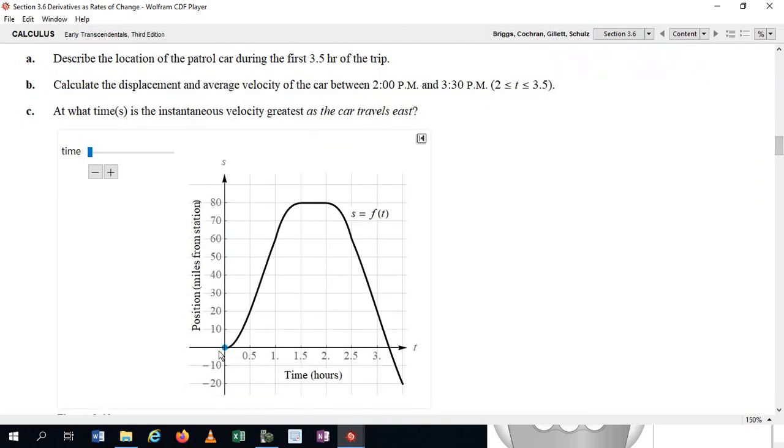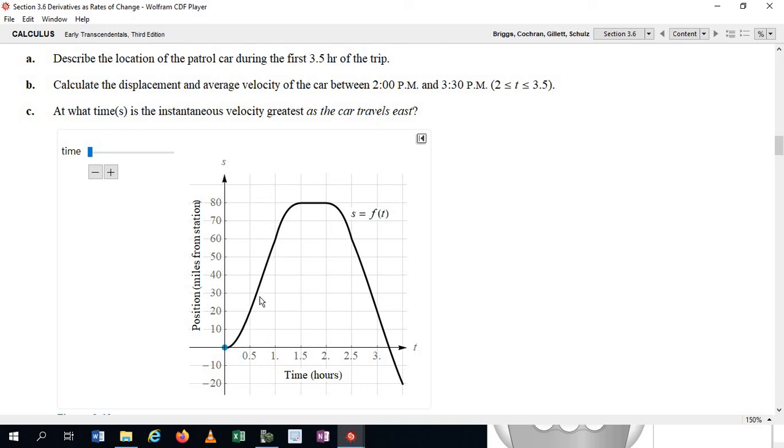Well, first of all, the car is traveling east only in this part. Once it heads this way, it's beginning to travel westward. So between here and here, the first hour and a half, we want to figure out when the slope of the tangent line would be greatest. So imagine drawing tangent lines here.